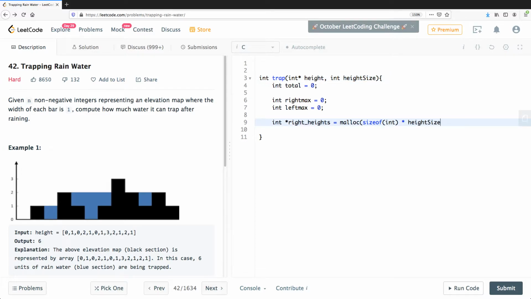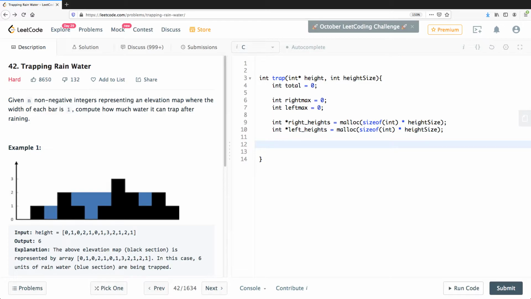So that's our array to hold the max height on its right, and then we will have left heights, and same thing over here. So let's build these arrays first before we can start calculating the total water trapped.